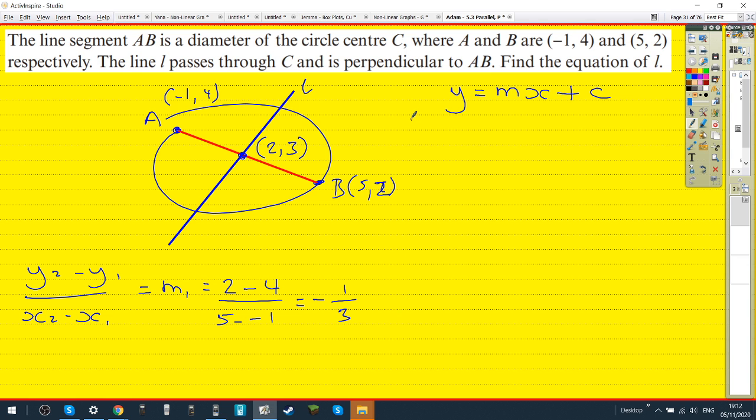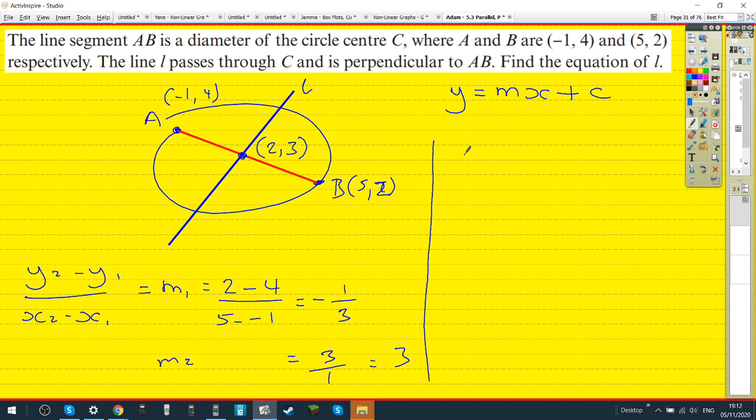And then do we substitute minus 1 over 3? That would be if it was parallel. This is perpendicular. So it would be 3 over 1. Well done. And you can make that simpler. Oh, just 3. Yeah. So then we'd sub in y and x.